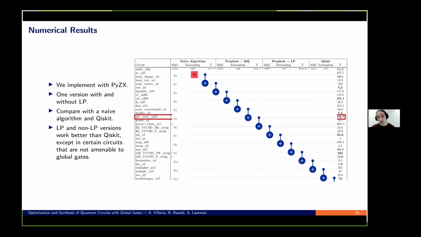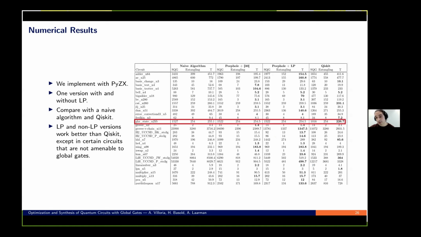In general, the result that we have is that with the peephole and the linear program, we can reduce the time that it takes to simplify a circuit quite a bit. Here the time is in milliseconds. And we have, for example, the entangling gate count, which is the number of global gates that we need, and then the single qubit gate count.